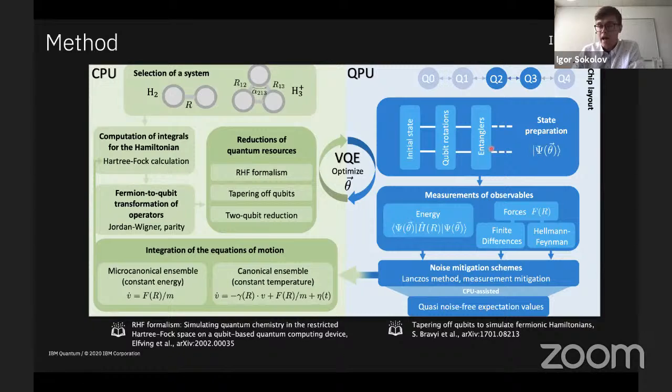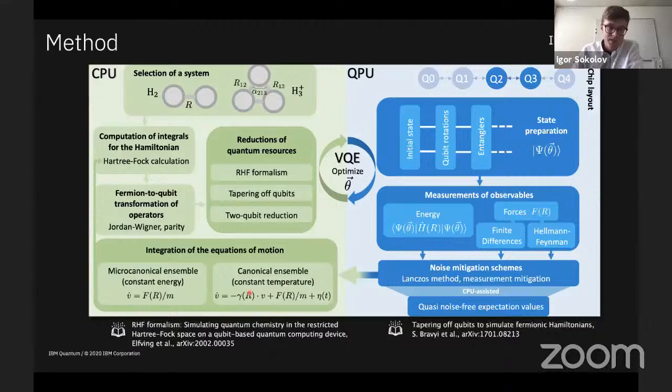Having the energy, the measurements of the Pauli strings, we can then also compute the forces, the force operators, with two methods, finite differences and Hellmann-Feynman, which I'll go into in detail later. All these observables can be used with noise mitigation schemes such as Langevin.